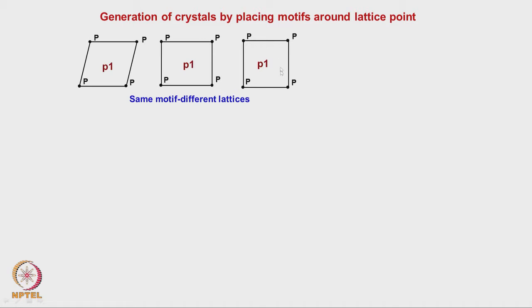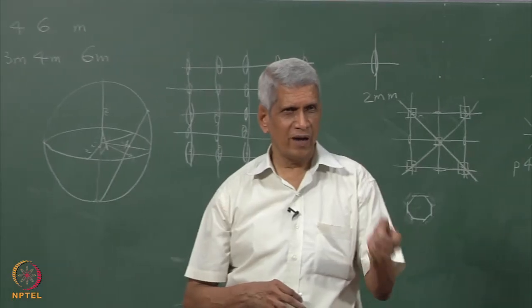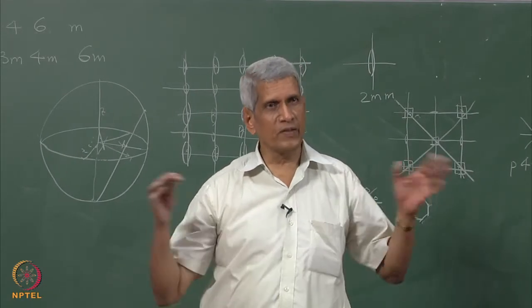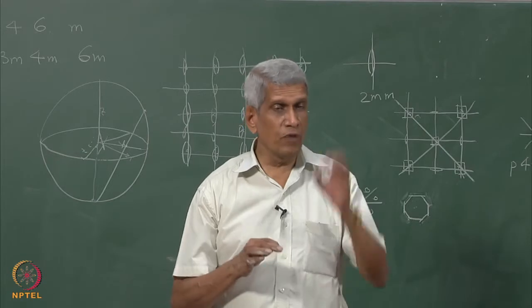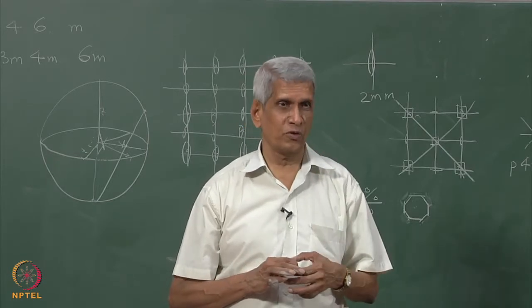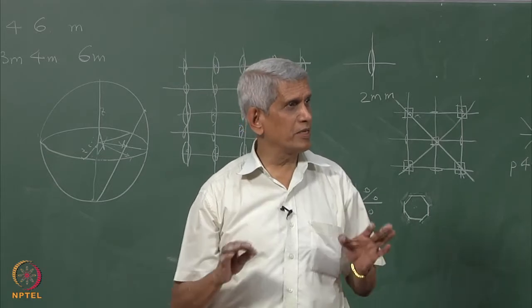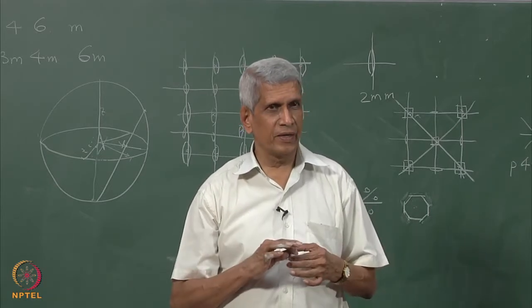So this is what essentially happens with all of them: though the lattice has a higher symmetry, the symmetry of the motif also decides. If the motif has infinite symmetry associated with it, then it can exhibit the complete symmetry of the lattice.